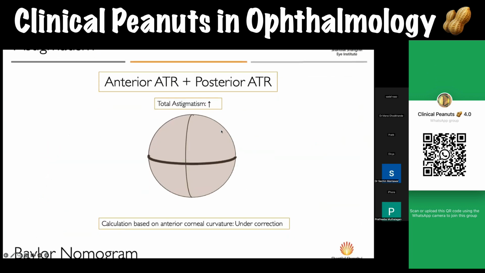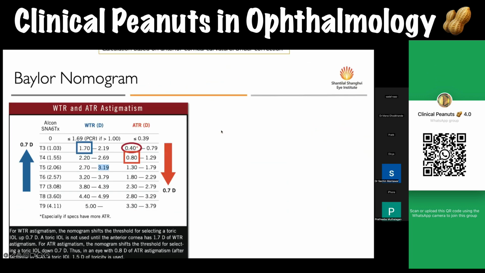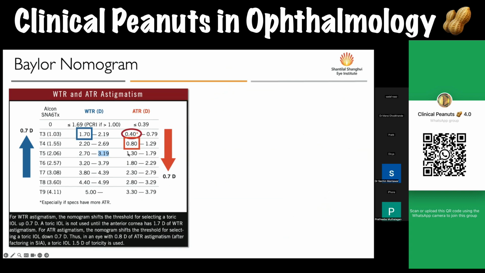But if you have a patient who has against-the-rule astigmatism, the threshold for implantation of a toric IOL decreases. So for the same T3 lens, which you might implant at 1.7 diopters of with-the-rule astigmatism, the threshold might be as low as 0.4 for an against-the-rule. Now, this can be quite confusing, and it can lead to a lot of errors if you are manually trying to do this calculation.